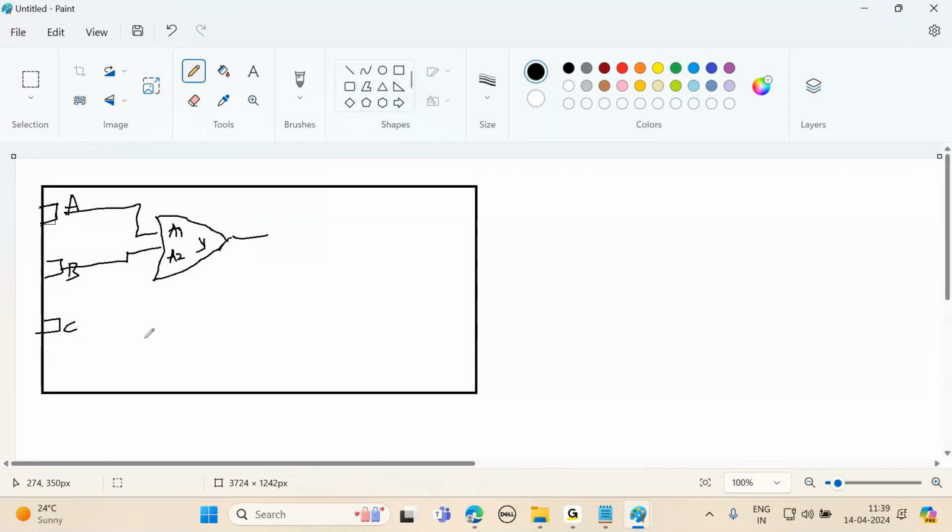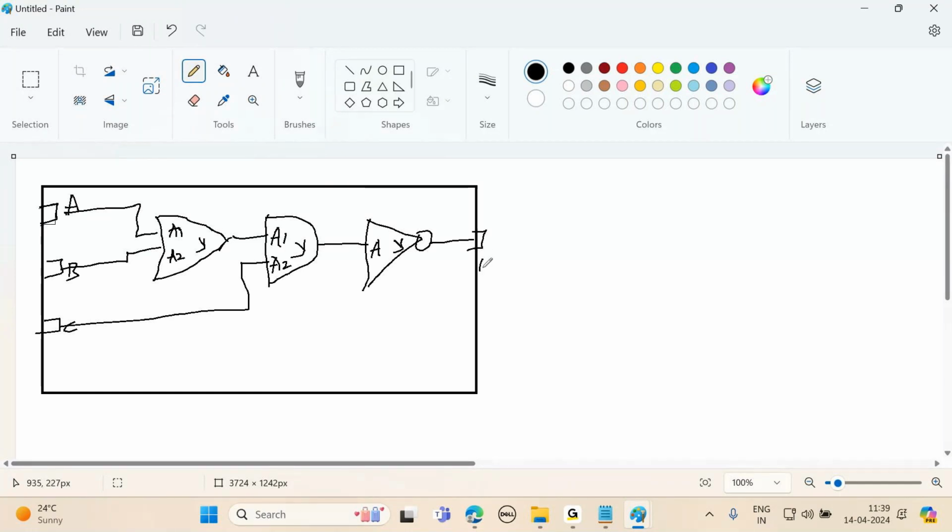This output connects to one AND gate, A1 pin. The other input is the A2 pin, and Y pin, and this connects to one inverter, with the A pin and the Y pin of the inverter, and it goes to the output. The output port name is M. So this is a gate level diagram.